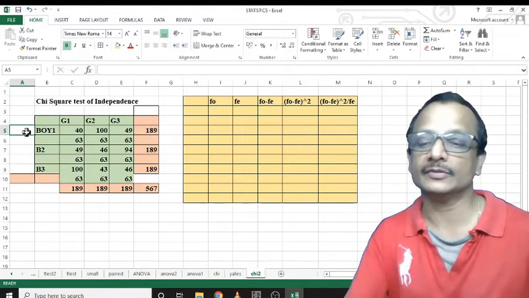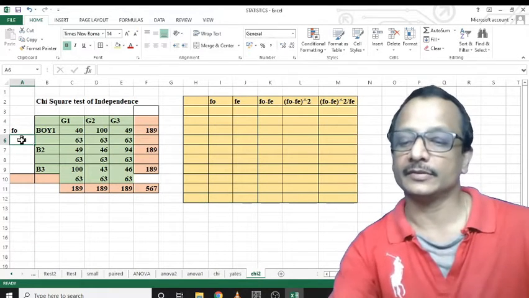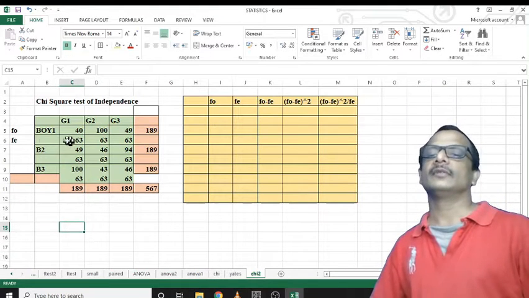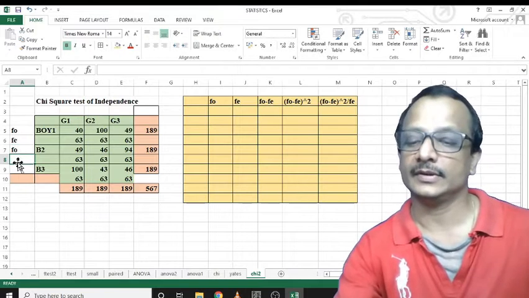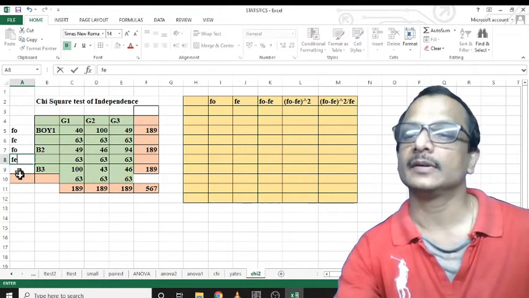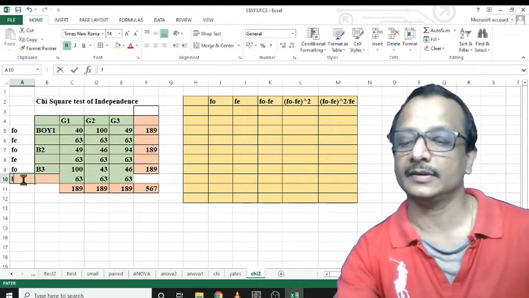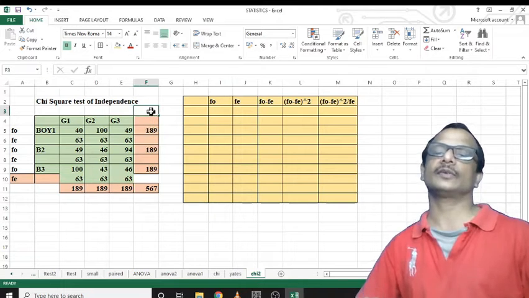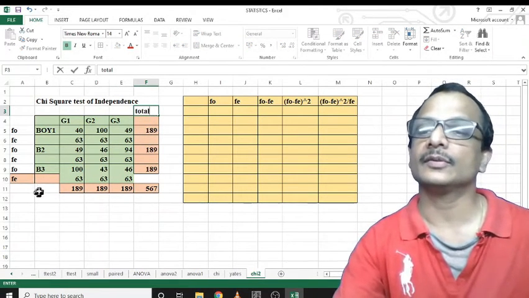This is observed frequency and this is expected frequency for each line. FO, FE, FO, FE, yeah. These are the values and this is the total, and here also we can type the total.